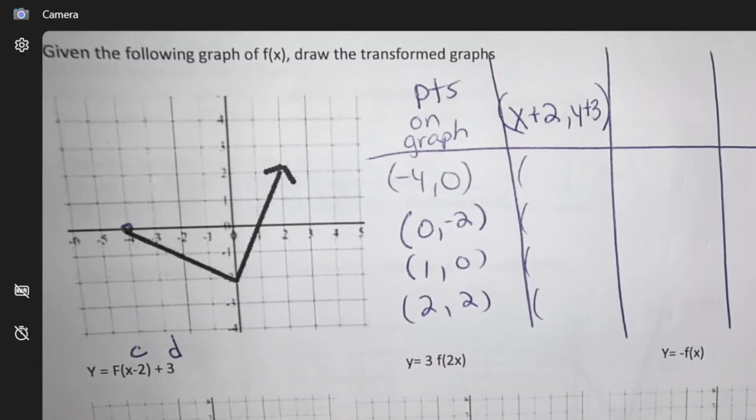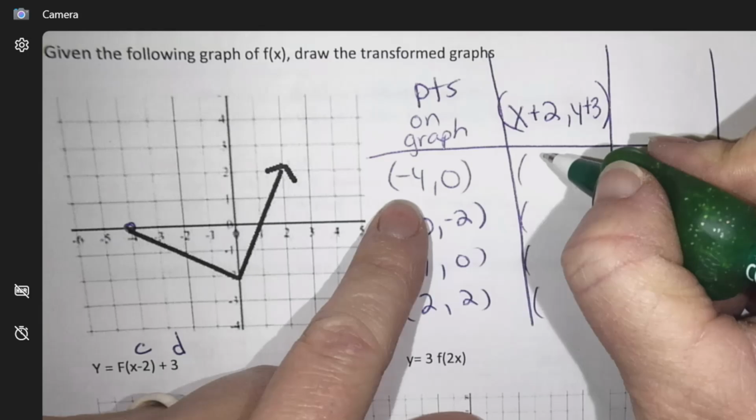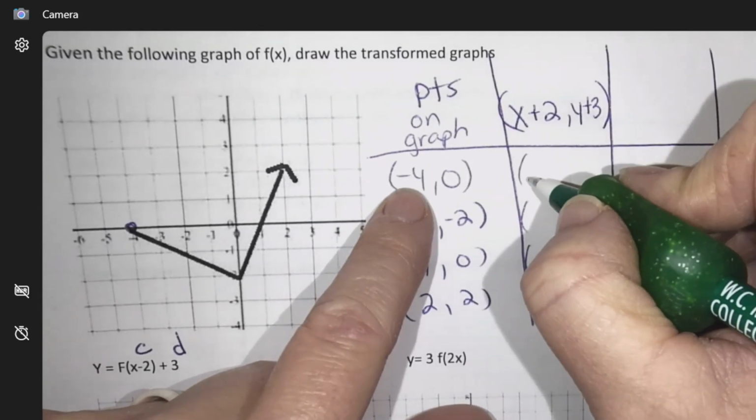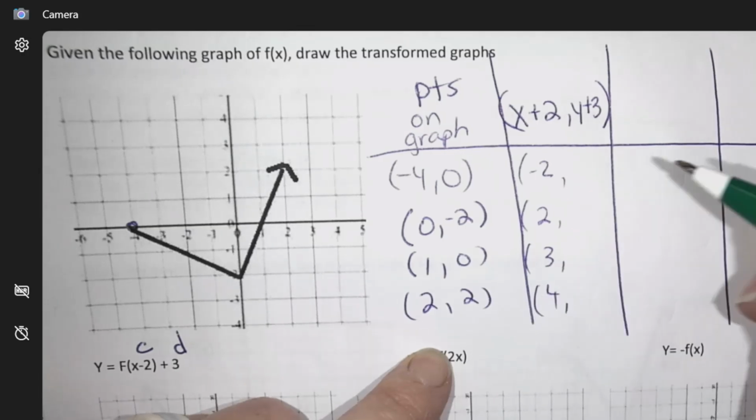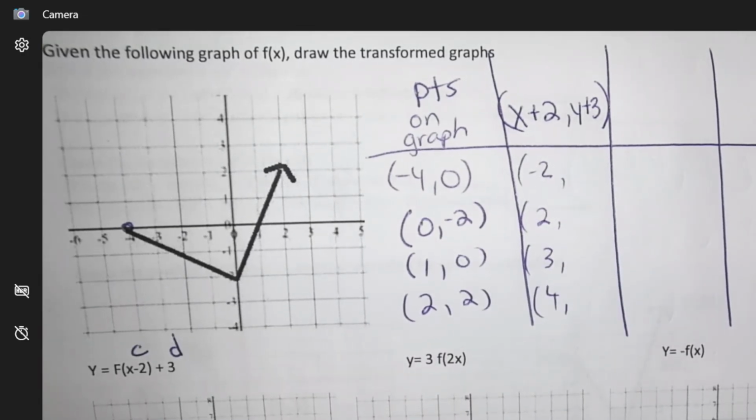Can I show you what I do to make my life a little faster? I actually rip all the x's through, and then I go all the y's. So just add 2, add 2, add 2: -2, 2, 3, 4. See how I just went all x's.